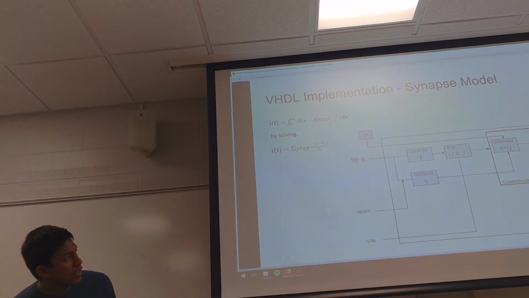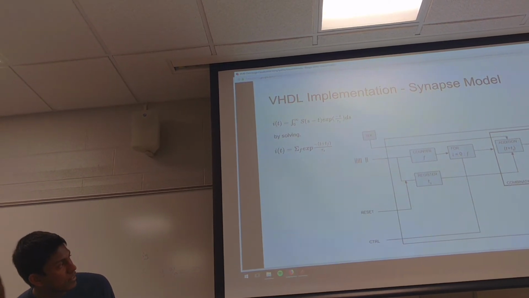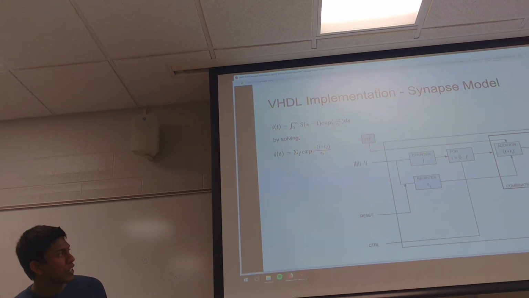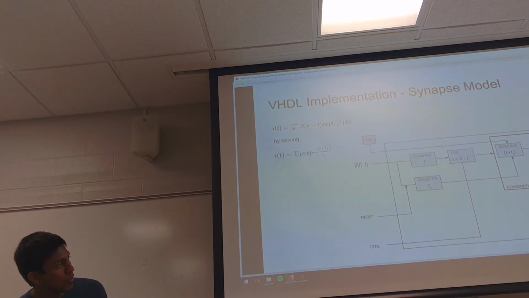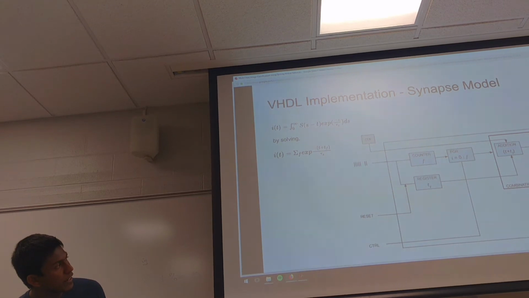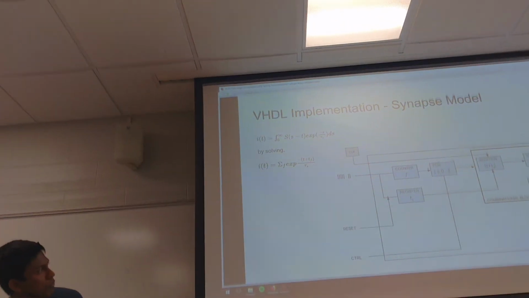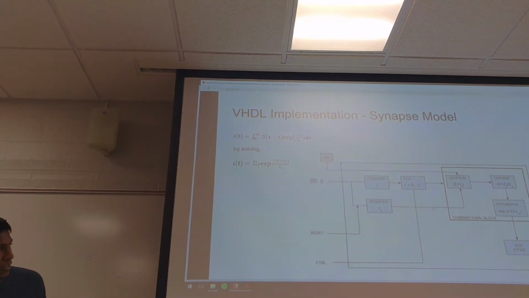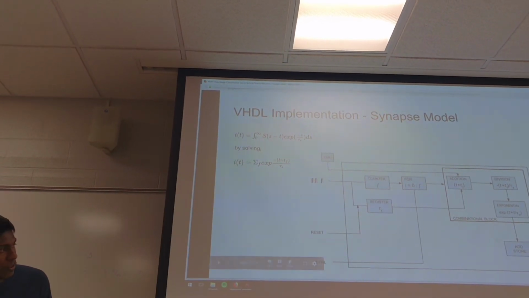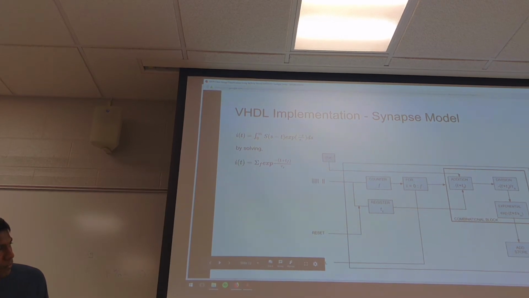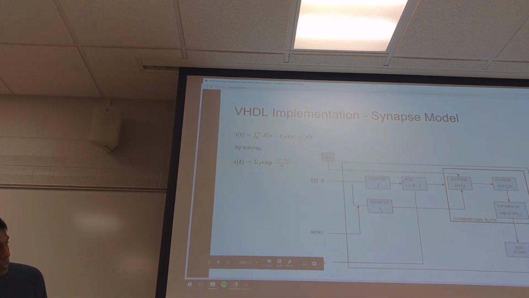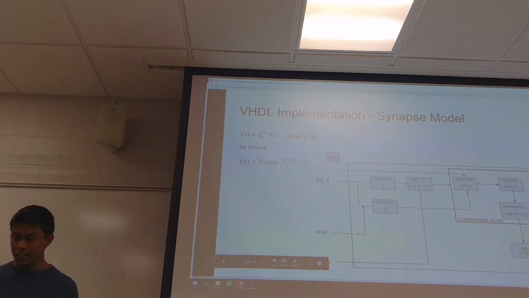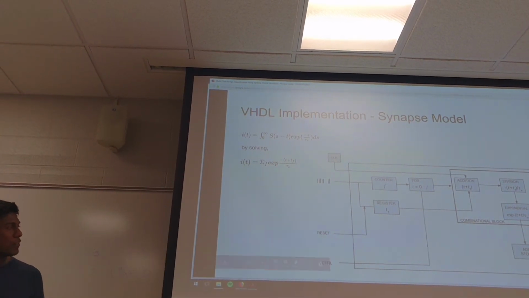Then we have this combinational block which does addition, division, and exponential parts, and a component which executes this block iteratively in the range of 0 to the number of spikes in the synapse so far, stores the value coming from this block, and then calculates the current from there. So this is what we came up with so far.